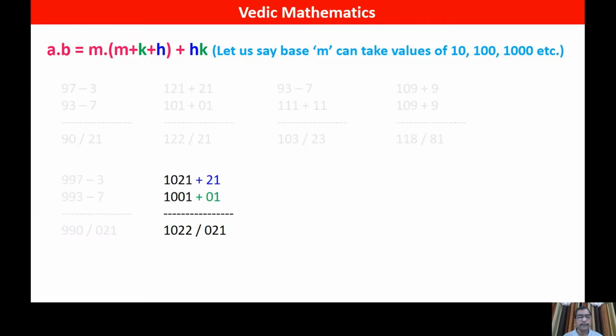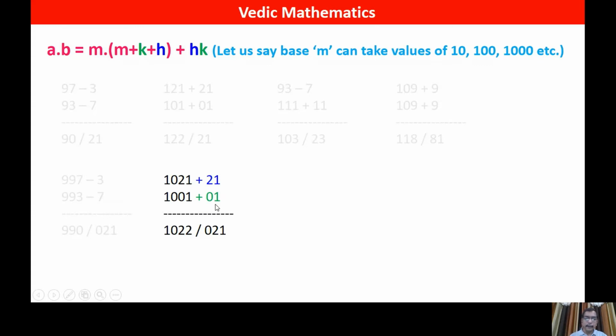For example, you want to calculate 1021 multiplied by 1001. Again, we have 1000 as a base here. We can take 1021 as more than 1000 by 21, and this is 01.